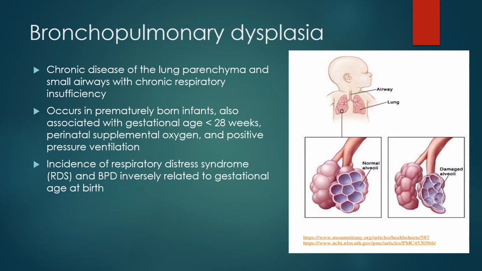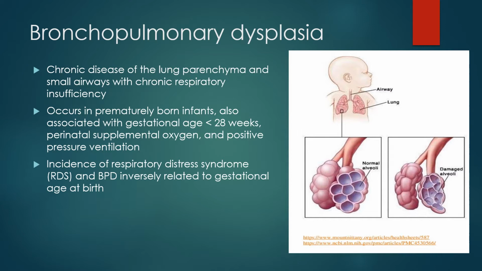Bronchopulmonary dysplasia, or BPD, also known as chronic lung disease of prematurity, is the major cause of pulmonary disease in infants. It is associated with premature birth, gestational age less than 28 weeks, perinatal supplemental oxygen, and positive pressure ventilation.